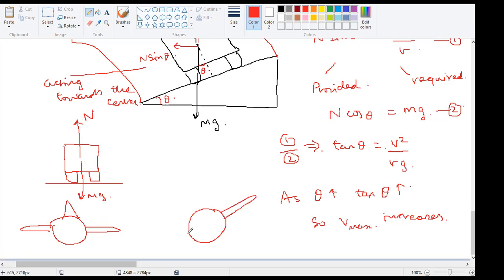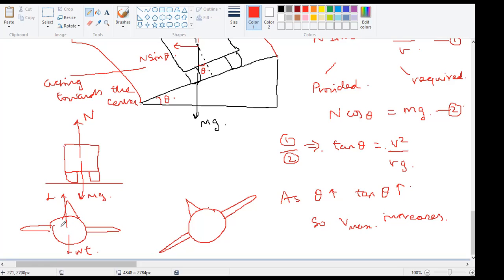So at that time, you will see that you are getting tilted towards the side where you are turning. And that is what is called banking. So it's the same concept. Initially you have some weight here, then you have some lift force here. Instead of normal reaction, we call it as lift force.